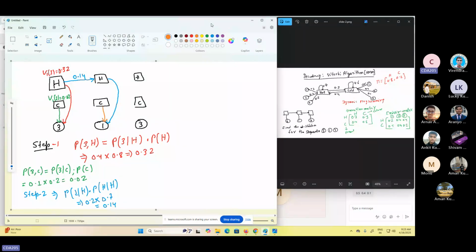Now we can see this value. One more value we can see, this one also.